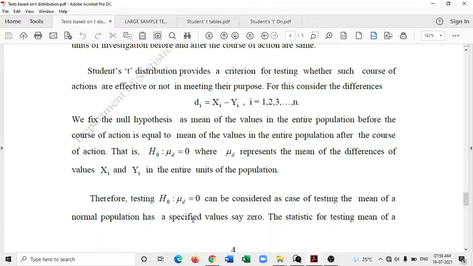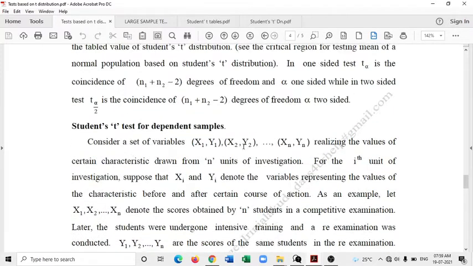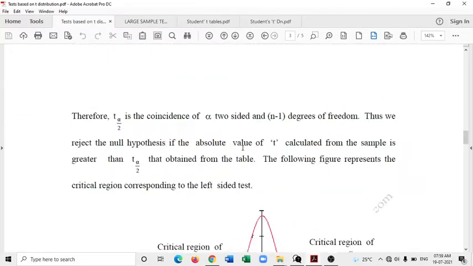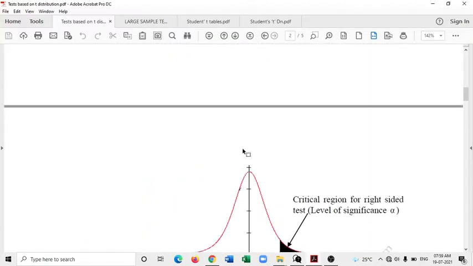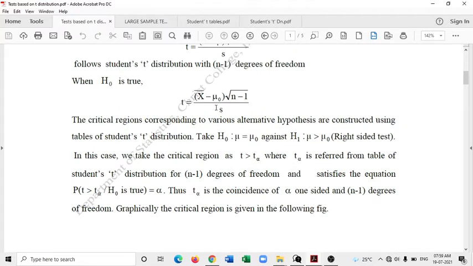Therefore, this H0: mu d equal to 0 can be considered as a case of testing whether the mean of a population has a specified value, and for that we have the test t equals x bar minus mu 0 into root n minus 1 by s. This is the test statistic for testing whether the mean of a normal population has a specified value.